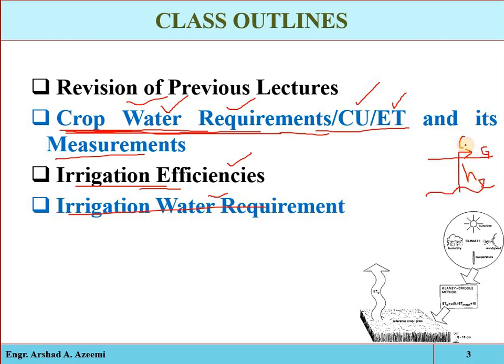Suppose you are pumping this much discharge Q. How much power will be applied on the water to raise it from position one to position two? That is equal to gamma HQ.